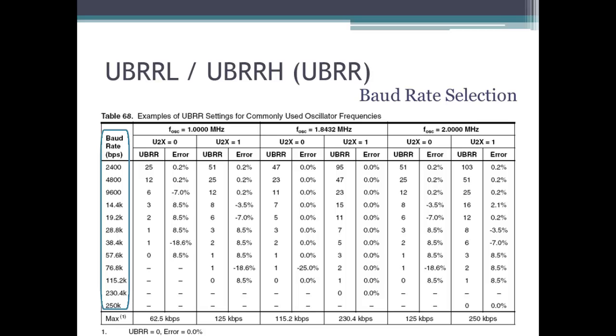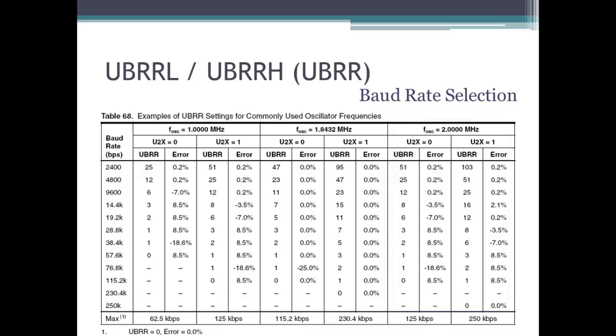Many devices have the ability to set their receivers or transmitters at their clocks at this rate. In each of these 3 columns, you're seeing what value you should write to the UBRR, depending on what your master clock frequency is. We're seeing 3 cases here: 1 megahertz, 1.8432 megahertz, which we'll come back to in a second, and 2 megahertz.